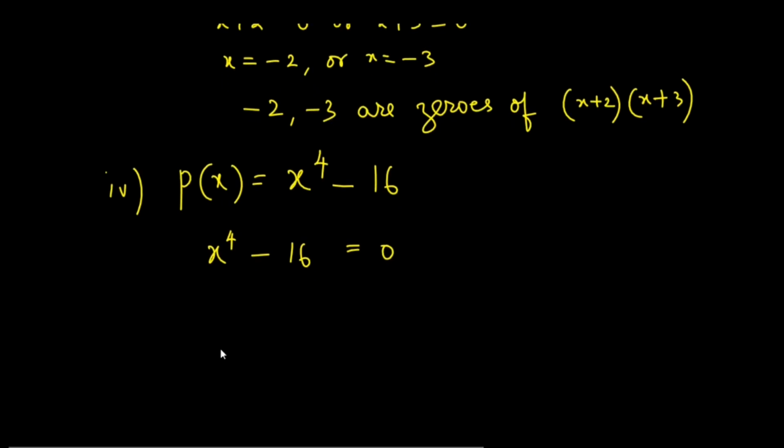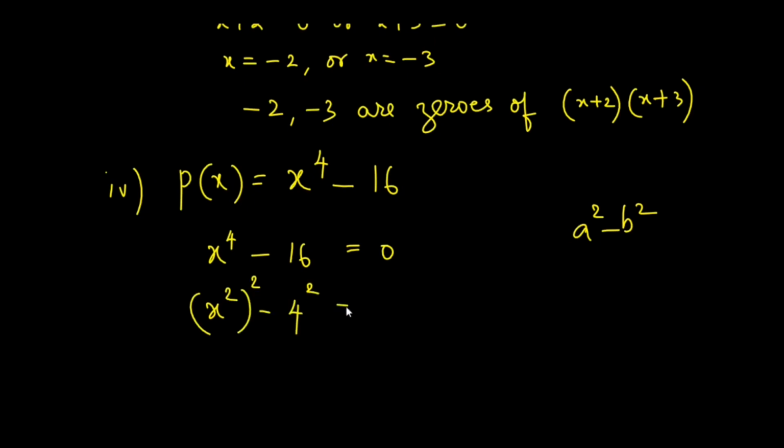So we can take this into a square minus b square form. So we get x square whole square minus 4 square is equal to 0.